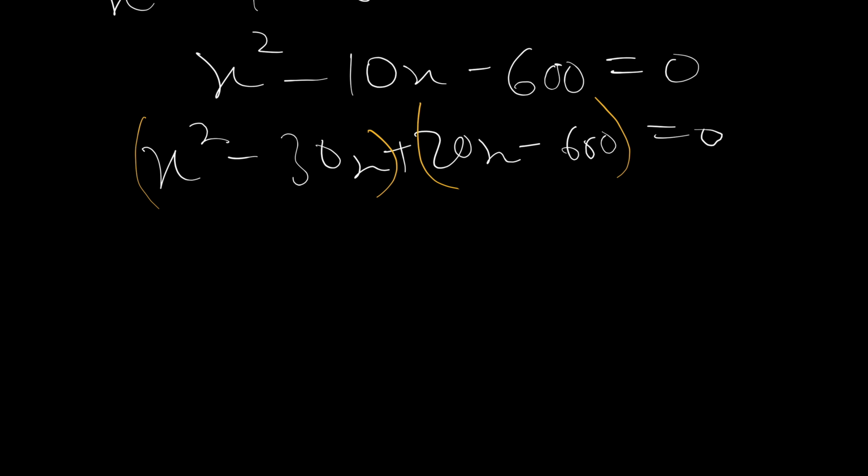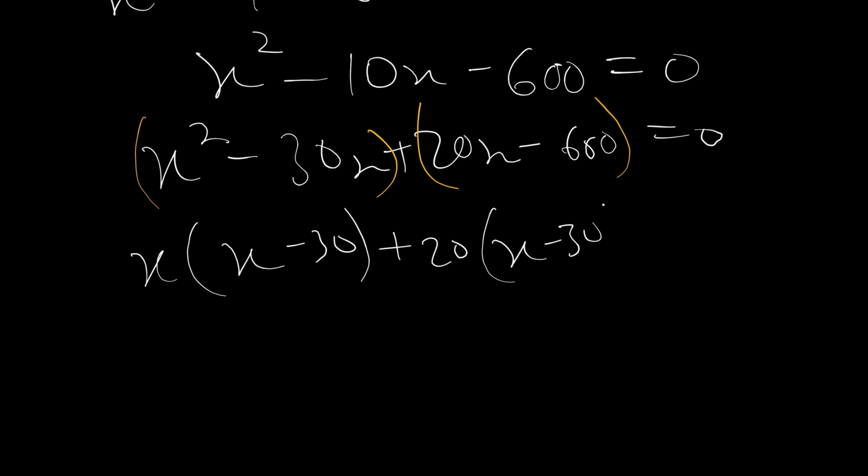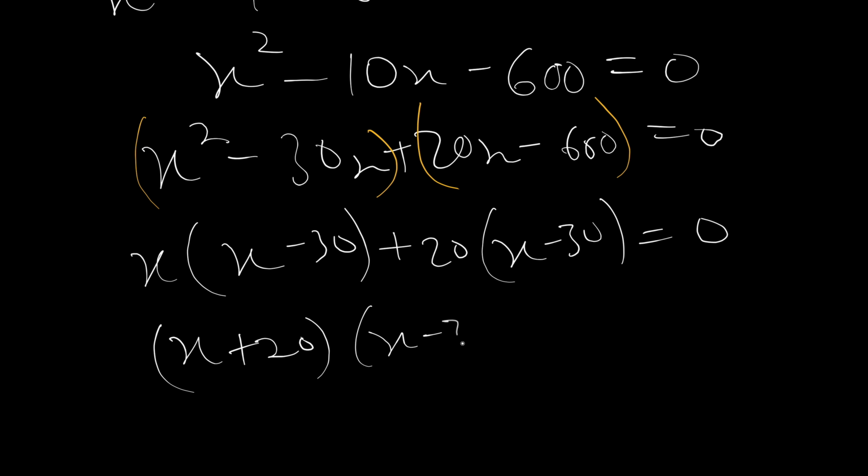So when we factorize, we get x multiplying x minus 30 plus 20 multiplying x minus 30. This will be equal to 0. So then we have x plus 20, x minus 30 is equal to 0.